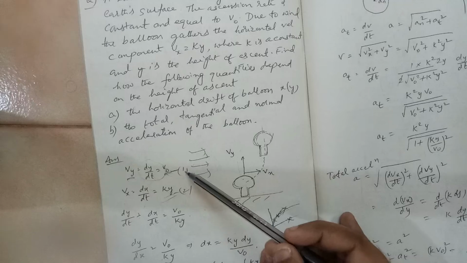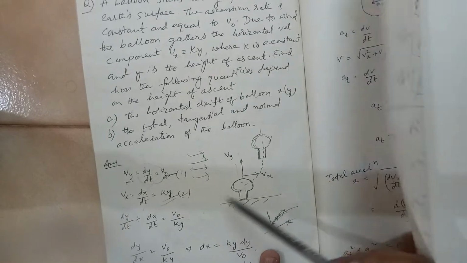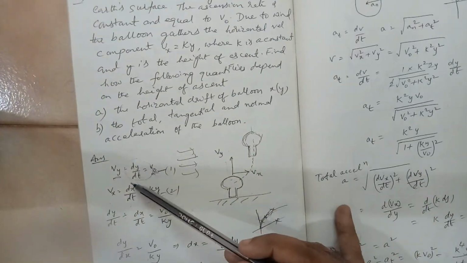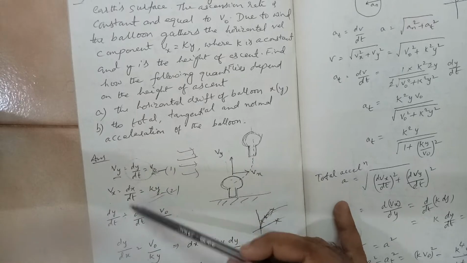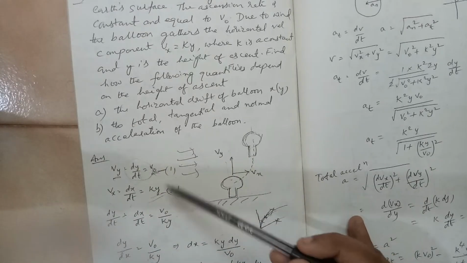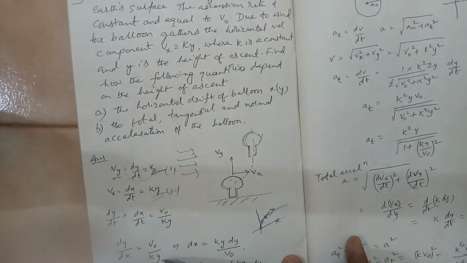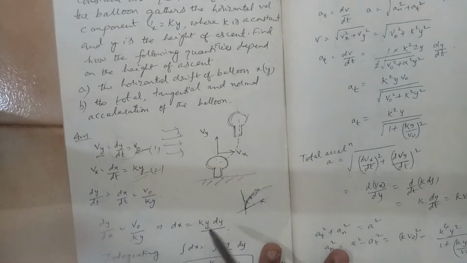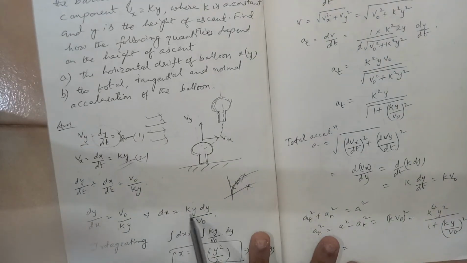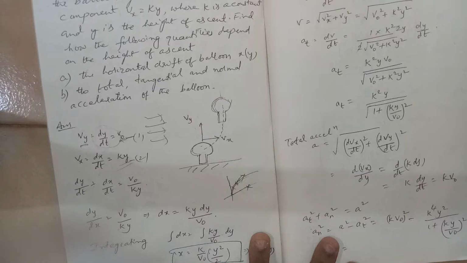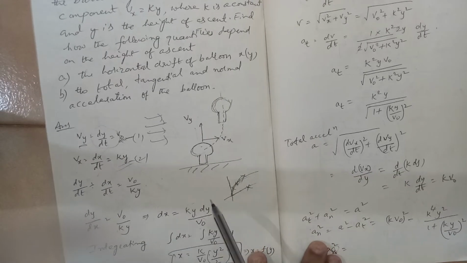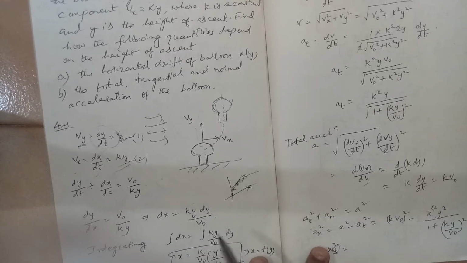If I divide equation 1 by equation 2, dt will cancel. I will get dy by dx is equal to v0 divided by ky. If you rearrange, you get dx is equal to ky dy by v0. If I integrate both sides, I will get the total x.